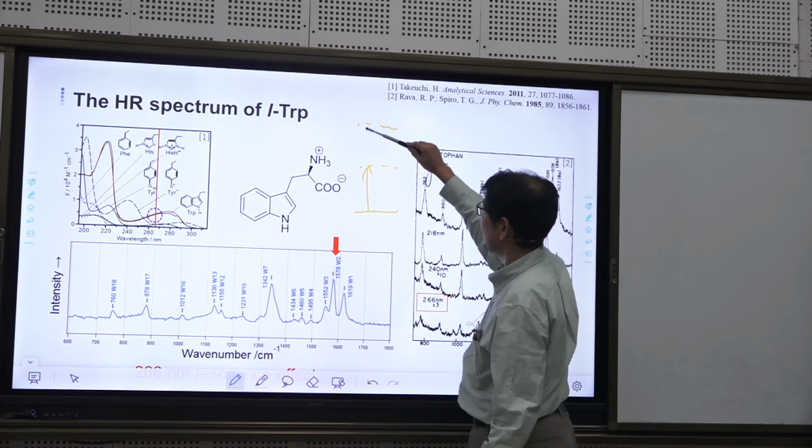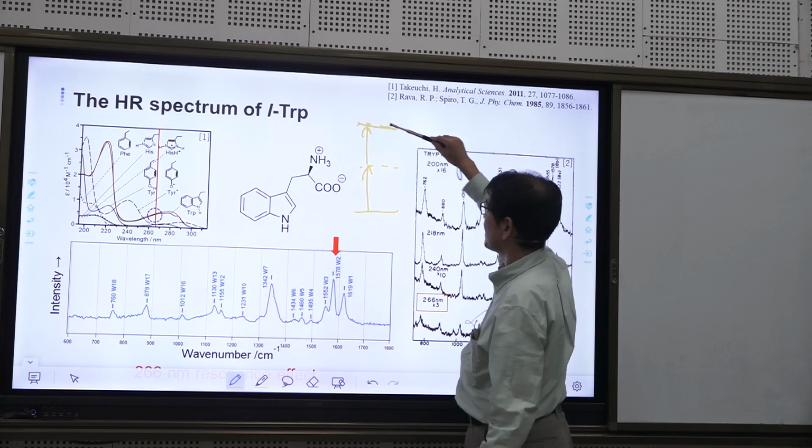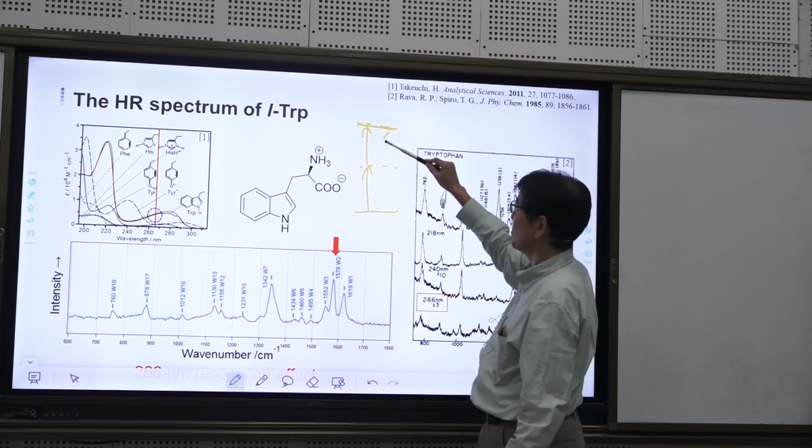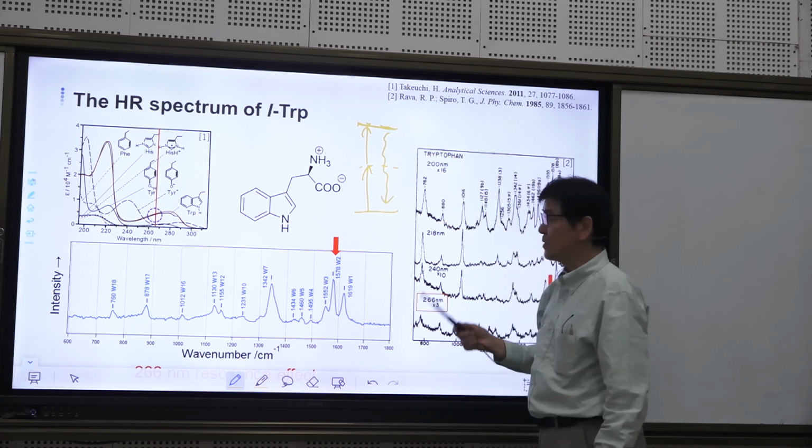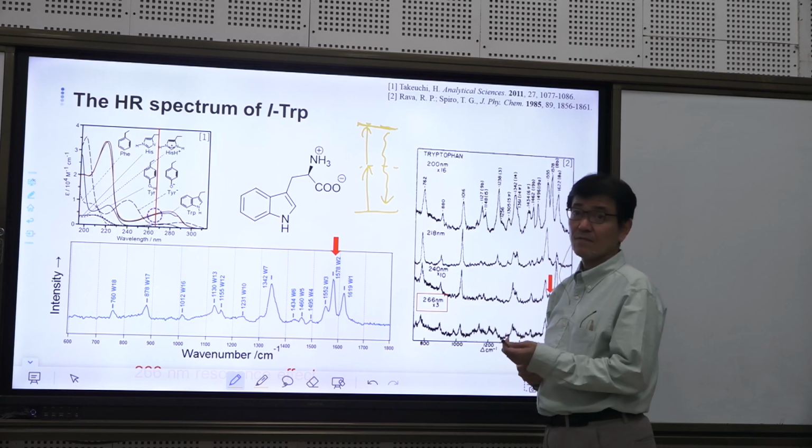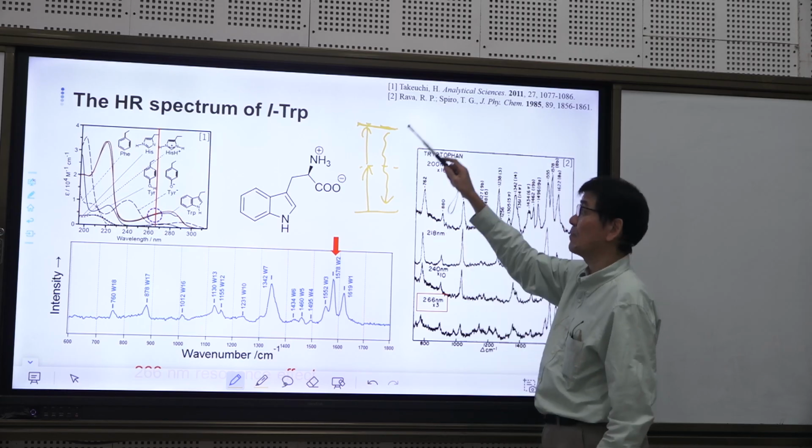So we can expect a real state near 266, and it's possible to expect a resonance effect, a resonance hyper-Raman effect.